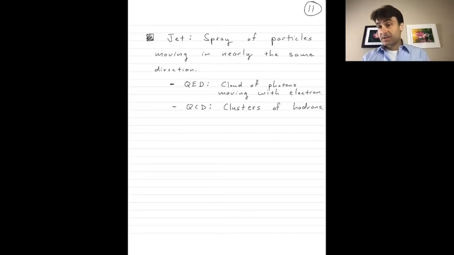You basically have to specify a resolution scale to give a good definition for a cross-section. And that's just basically saying that charged particles carry an infinitely large cloud of nearly zero energy photons. Okay, so the cloud would basically correspond to the jet in the QED case. In QCD, it's actually a literal spray of particles.